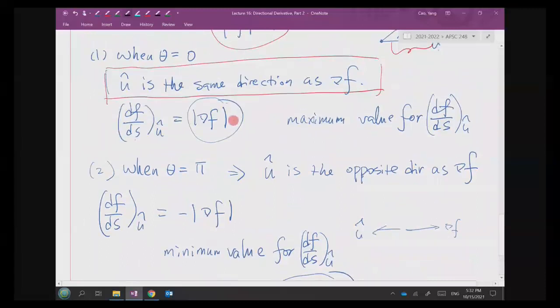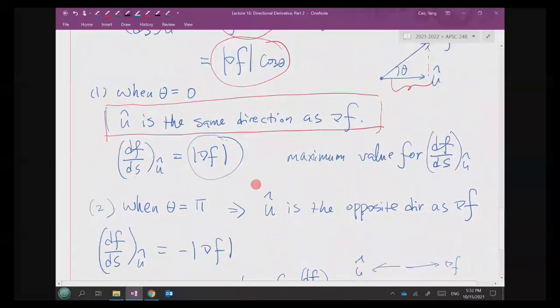Okay, good. So the three properties here, let's go back to the first property. The first property says when u hat is in the same direction as del f, you get the maximum value of the directional derivative, and that value is the magnitude of the gradient vector.